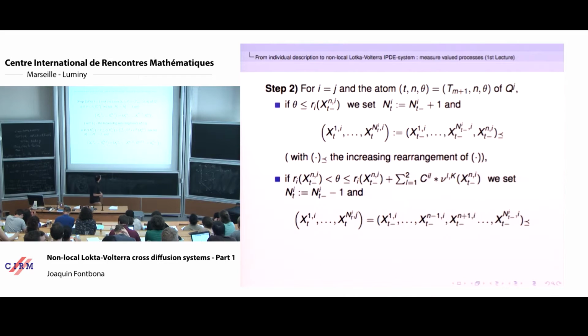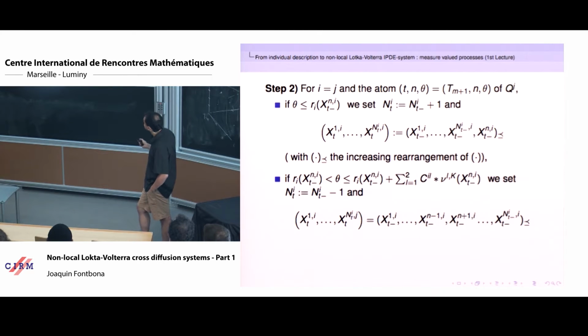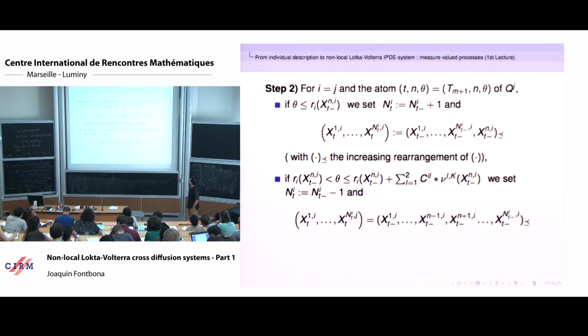Or otherwise, I could have theta in this interval. Okay, so in that case, that will happen at this rate, which is the length of this interval. Okay, so this will correspond to a death event due to competition, which happens at this rate, which depends on the populations, right before the jump.